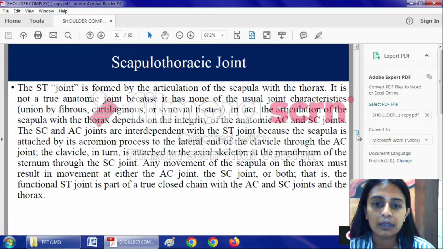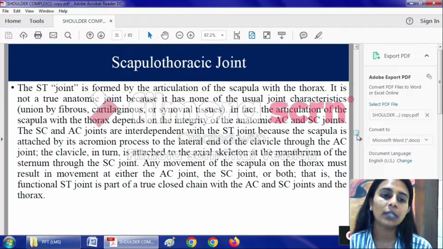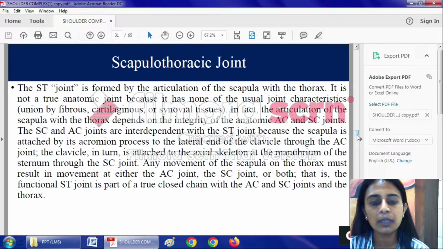In fact, the articulation of the scapula with the thorax depends on the integrity of the anatomic AC and SC joints. The SC and AC joints are interdependent with the ST joint because the scapula is attached by its acromion process to the lateral end of the clavicle through the AC joint.